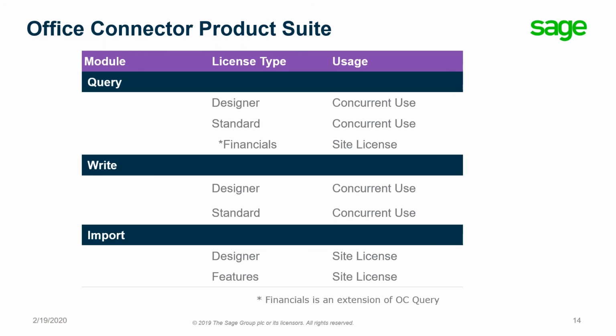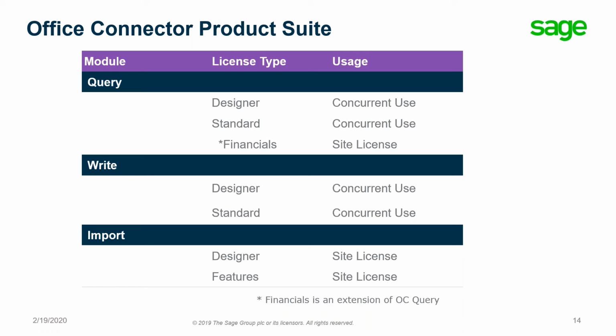Today, we first did an overview of the query aspects of Sage Office Connector, and I highlighted how we can design a query, and I pulled the vendor information into Microsoft Excel. We then highlighted the Write Designer capabilities, showing how we can design our own entry fields, and then click a button and have those new values go into Sage.